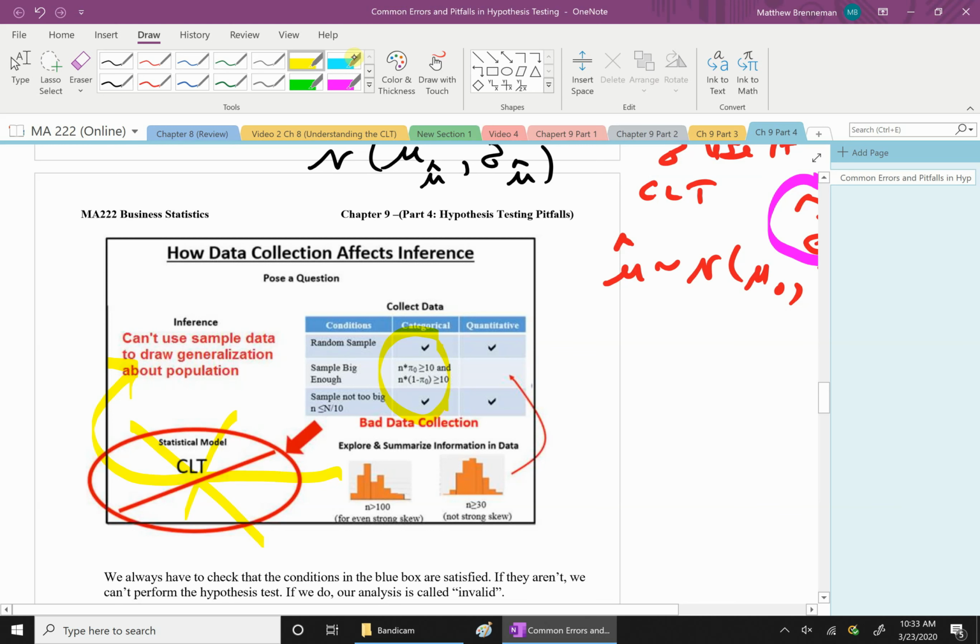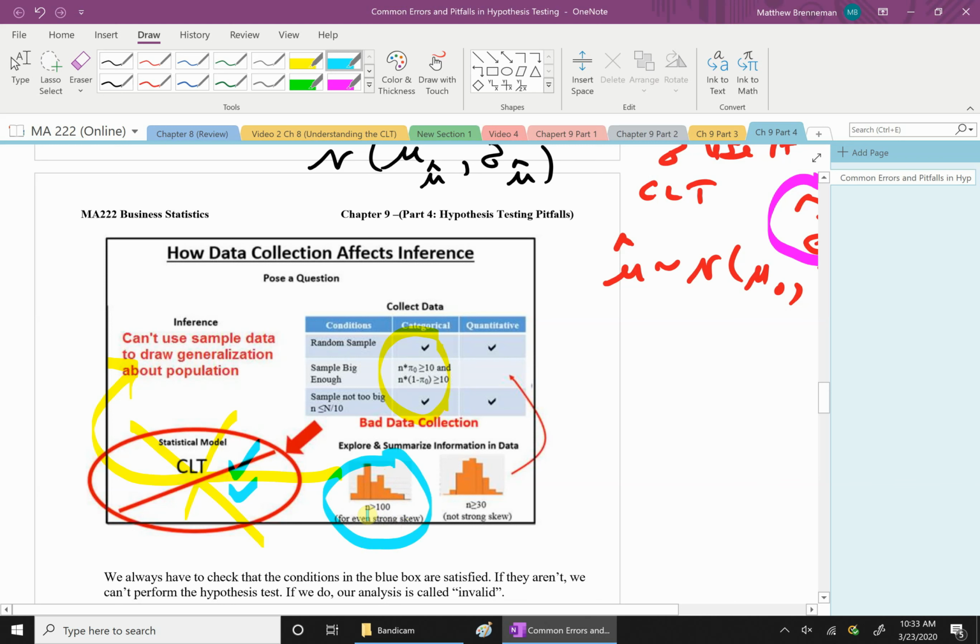Now, if we switch gears and look at quantitative, again, we need a random sample because the central limit theorem relies on it. It can't be too big. And we either have to have a normal distribution or we need a sample size of 30. And this is one of the reasons why we have to explore and summarize the data. I'll mention very briefly, although we're not going to get into this complexity, that if the sample is really skewed, you're going to have to use a larger sample size than 30.